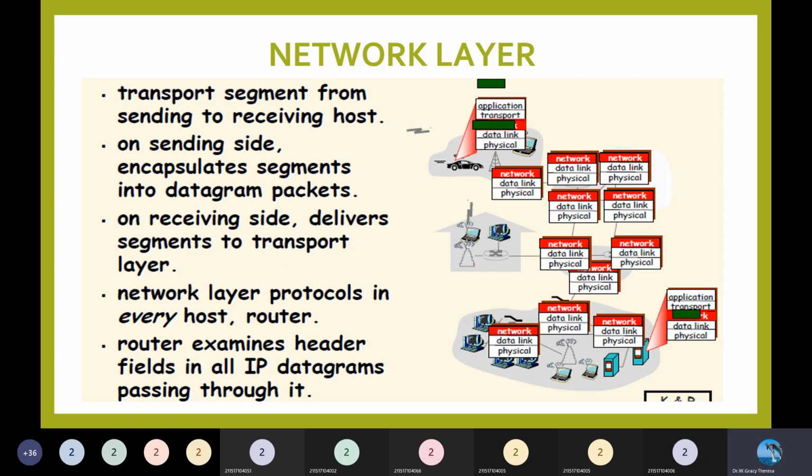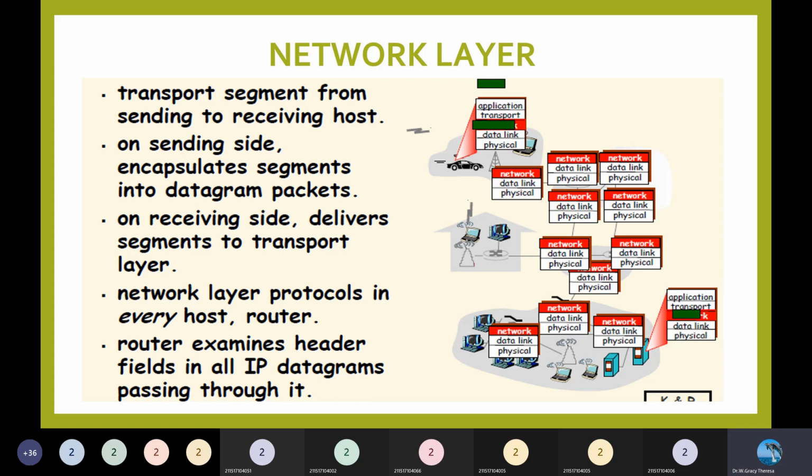At the receiver side, it receives the packet from the data link layer, decapsulates it, and transmits the packet to the higher layer, that is the transport layer. This is the responsibility of the network layer.